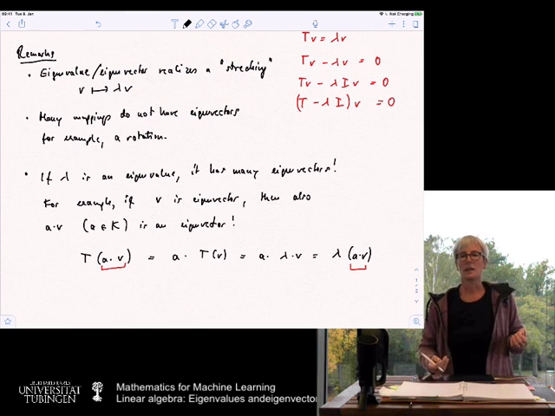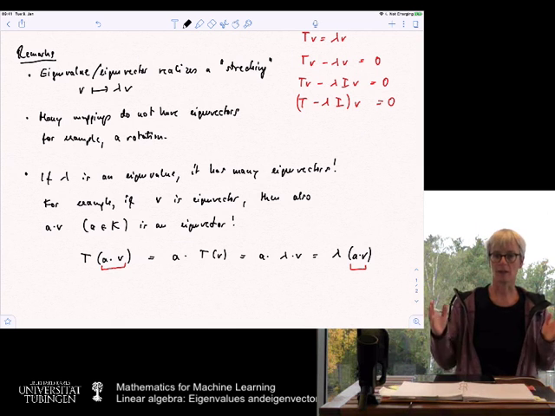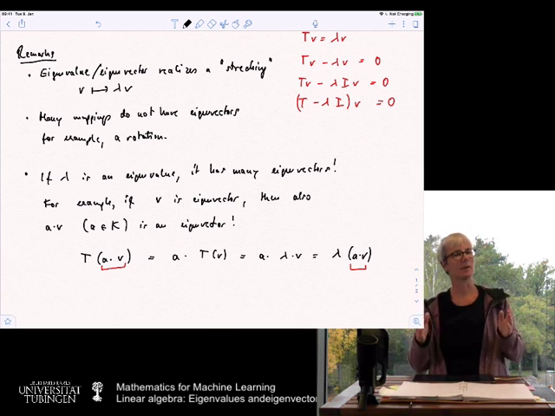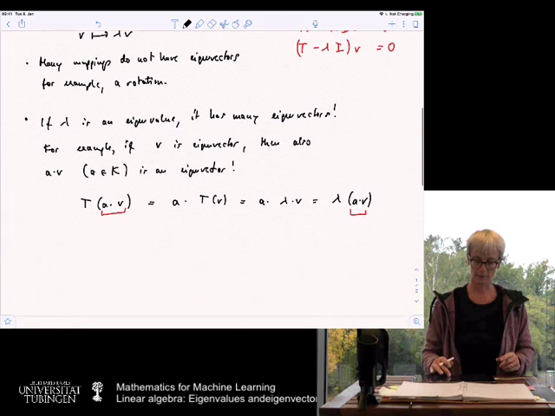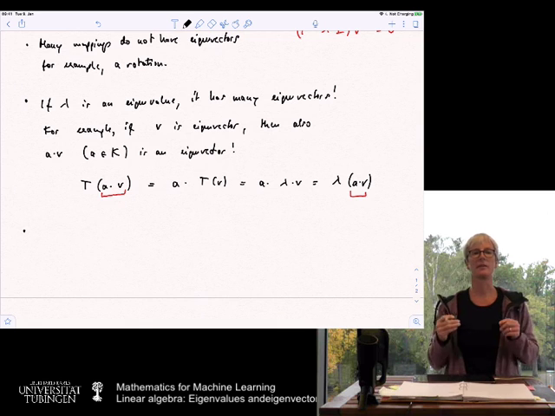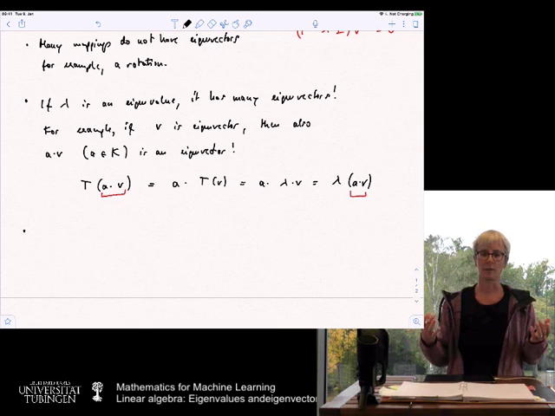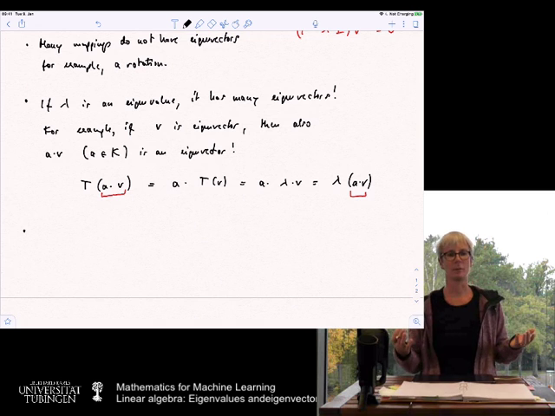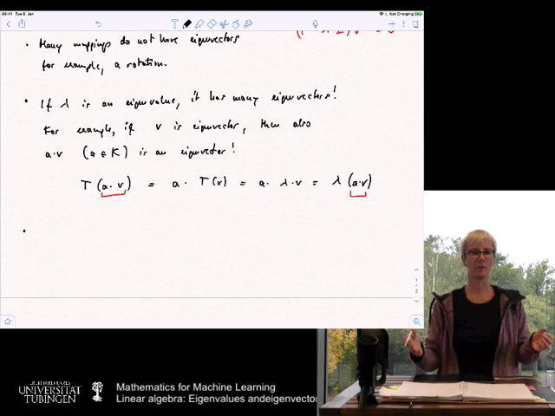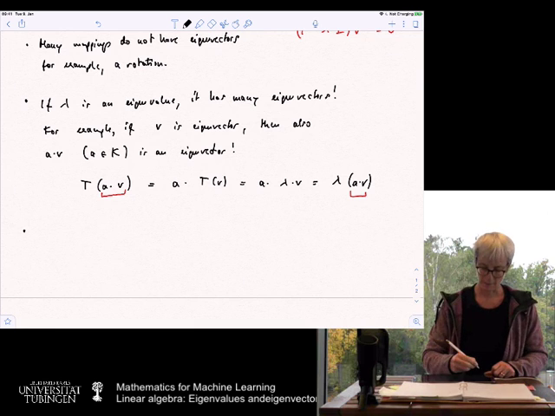In general, it can be that we also have eigenvectors of the same eigenvalue that point in different directions. So in a minute we are going to see that if we have distinct eigenvectors corresponding to distinct eigenvalues, then these are always linearly independent, but we can have dependent eigenvectors for the same eigenvalue.